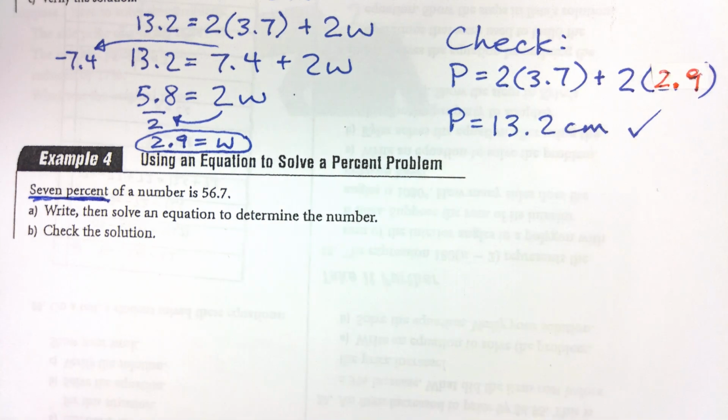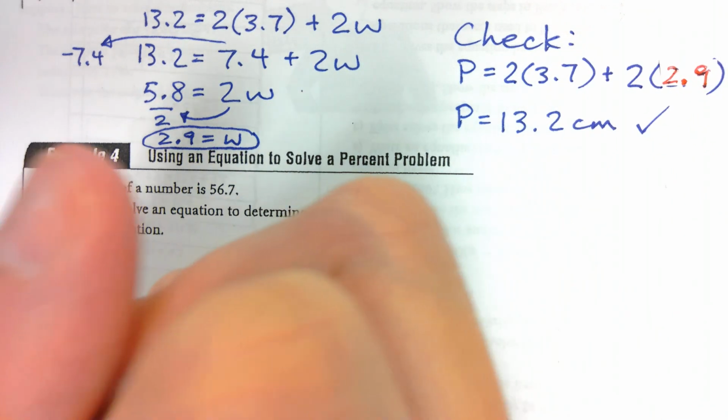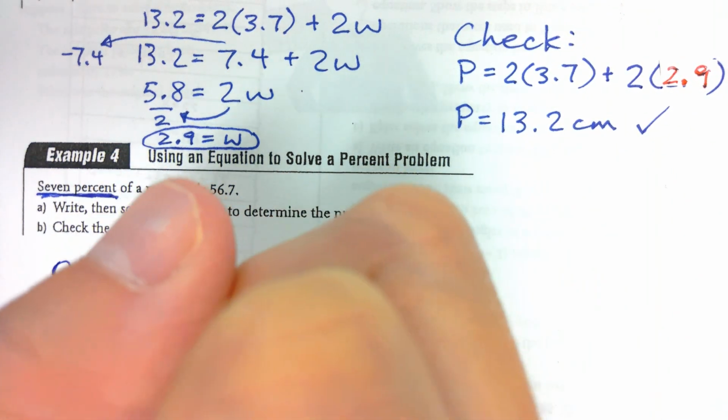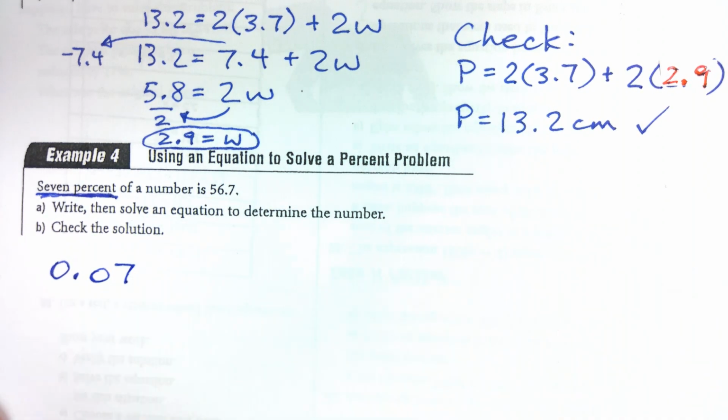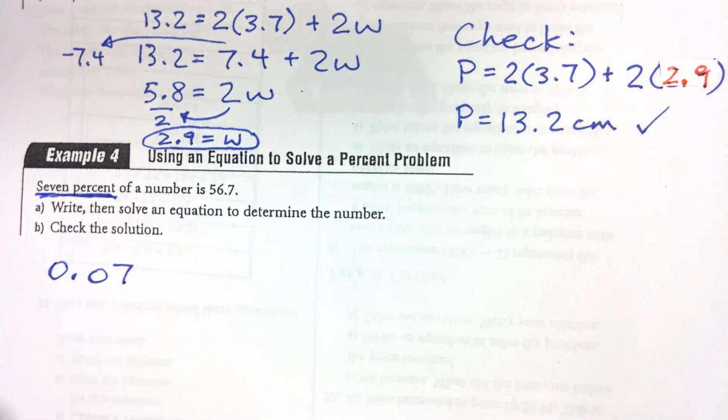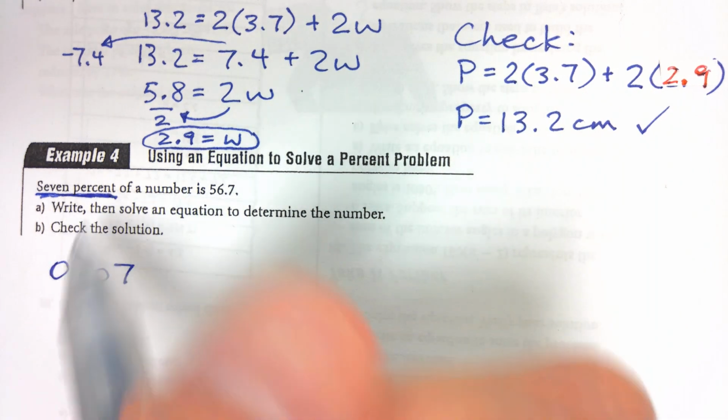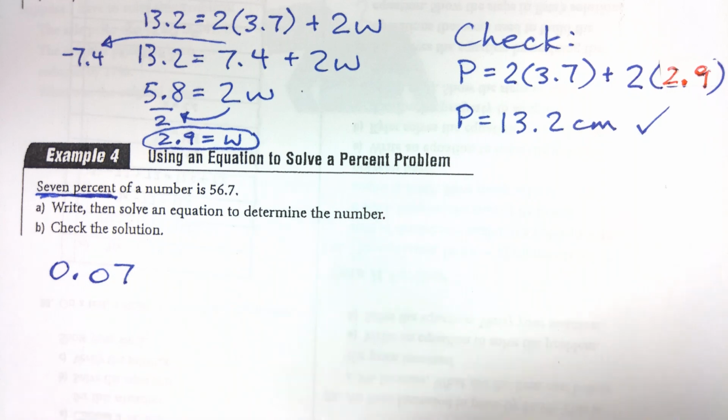We always have to change it to a decimal. So what is 7% as a decimal? 0.07. Just like what Adihi said, 7 over 100 is the exact same thing, but to skip that one extra step, because fractions are very easy to make a mistake with, if you know that 7% is 0.07, you can just write that.